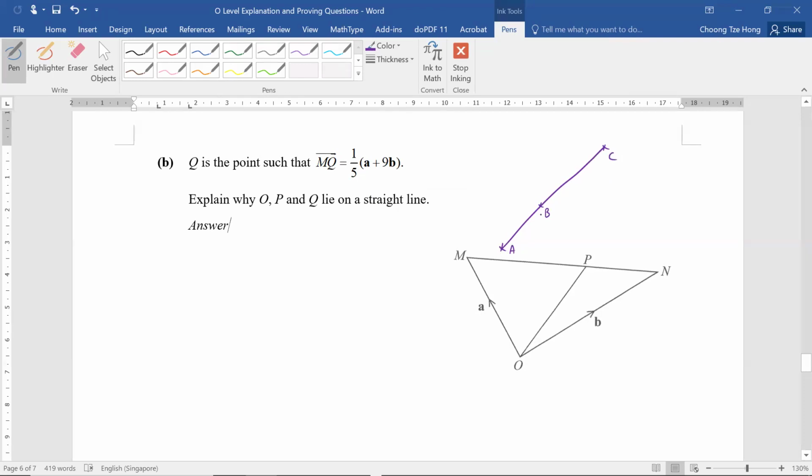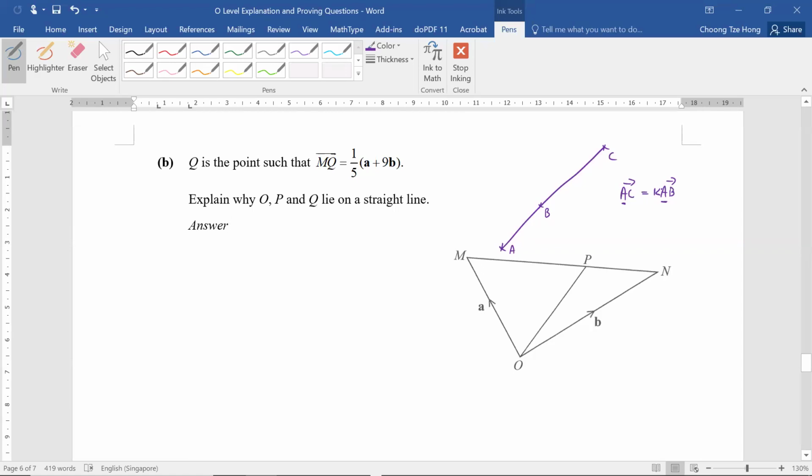We need to show that AB and AC are scalar multiples of each other. In other words, AC equals K times vector AB, where K is a scalar. And because they share a common point A, if we are able to show that they are scalar multiples of one another, then these 3 points A, B, and C will lie on the same straight line.